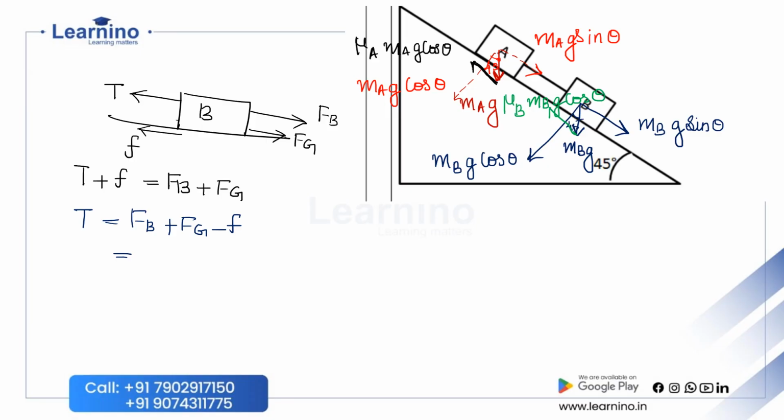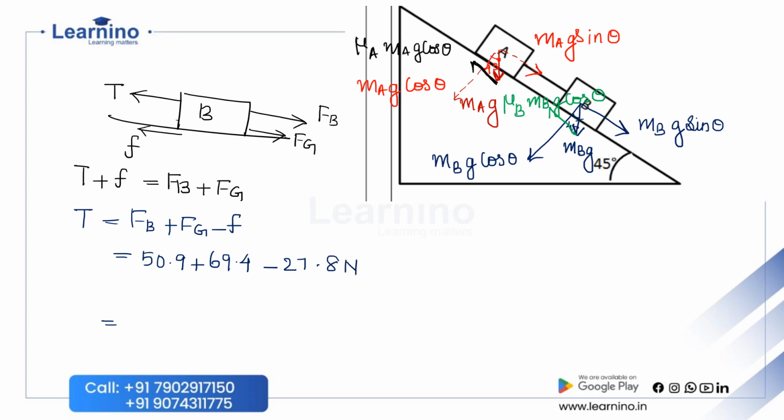Force due to acceleration Fb, we know that is 50.9 Newton, and the component of gravitational force along the inclined plane is 69.4 Newton, and the frictional force is 27.8 Newton.